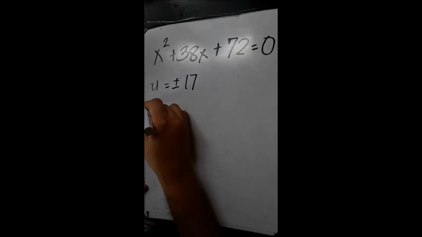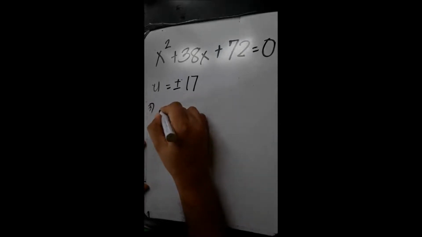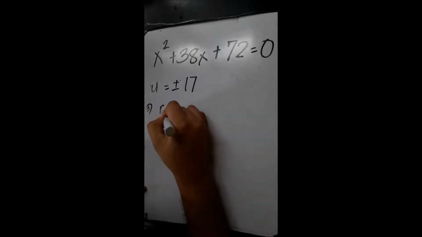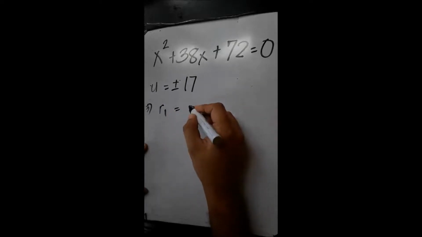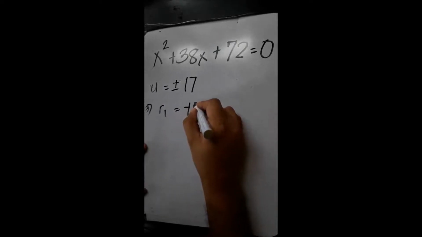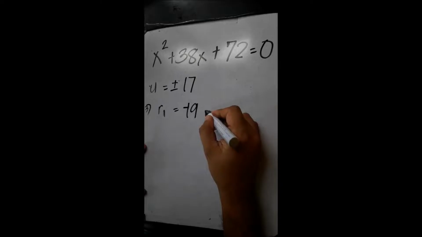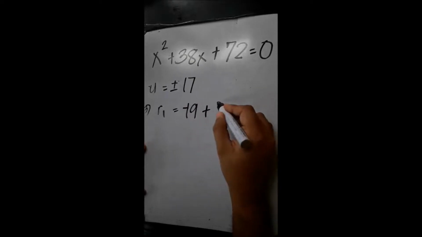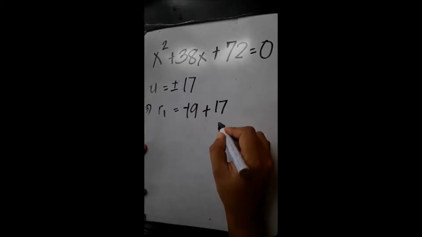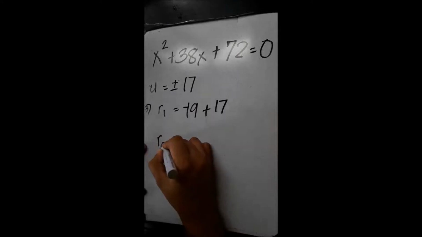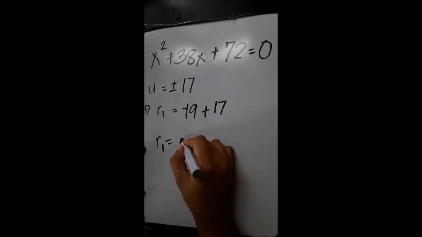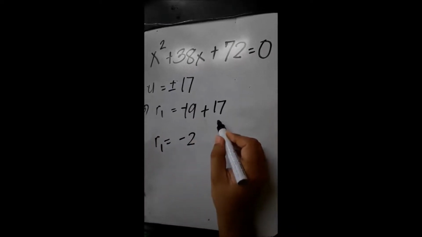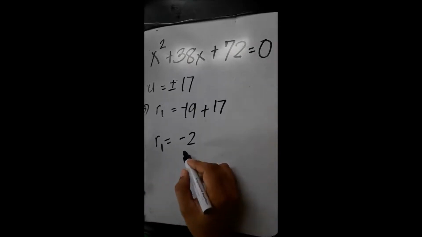Our third and last step is to find the roots. So root 1 is equal to negative 19, the result of our step 1, plus our u, which is 17, and root 1 is equal to negative 2, because negative 19 plus 17 is negative 2.